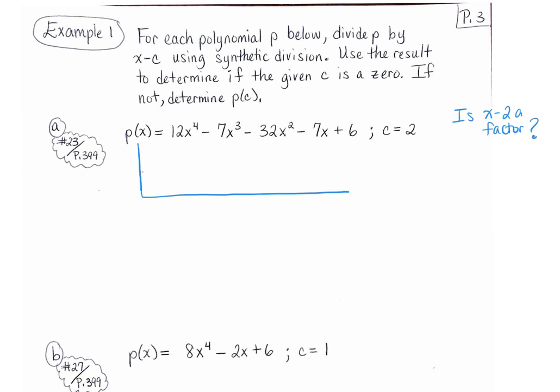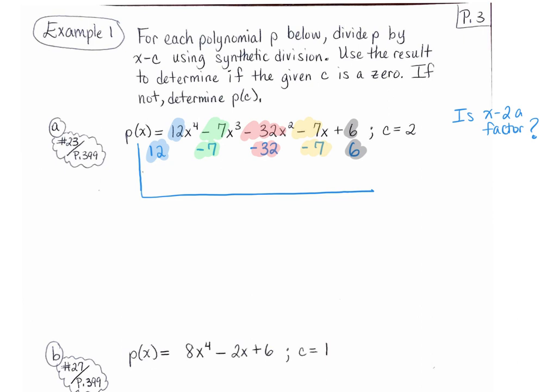It helps for those who are highly visual. So you put 12, negative 7, negative 32, negative 7, and 6. You take the coefficients and the constant term and put them here.